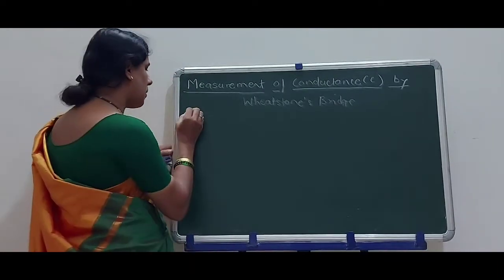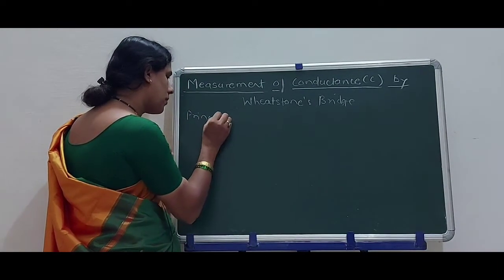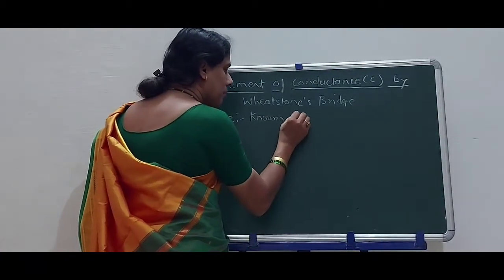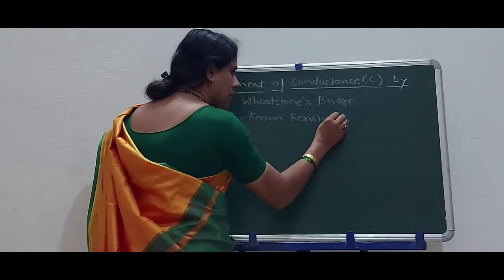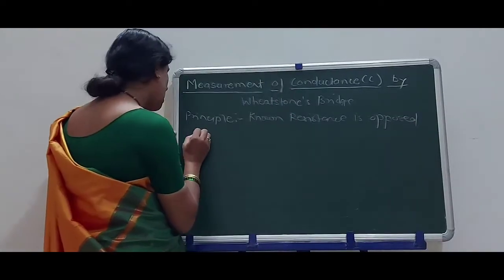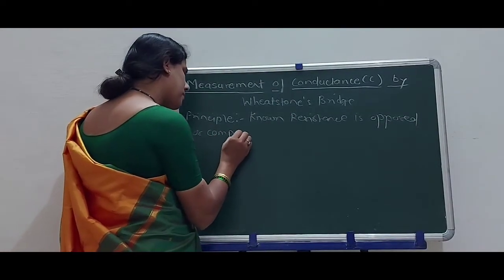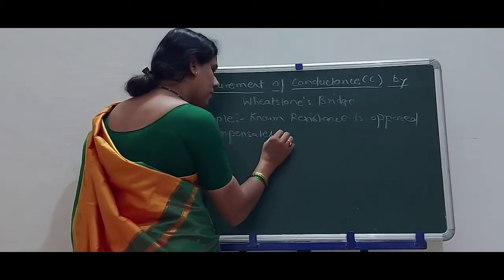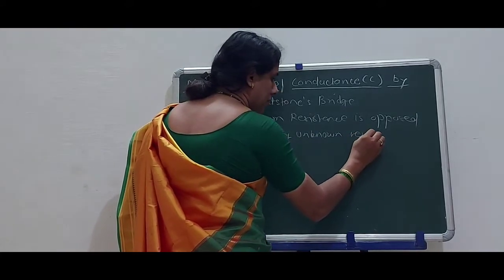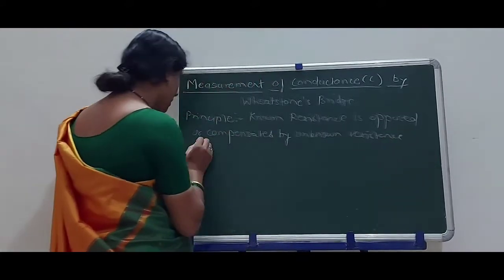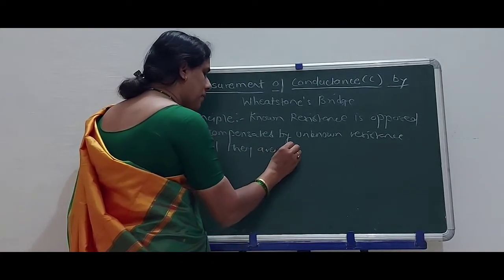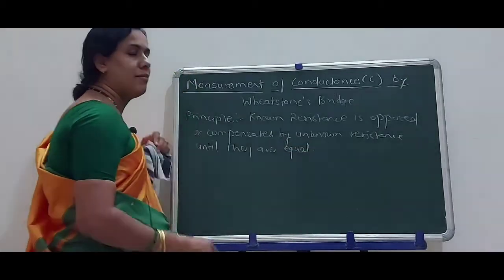Principle: a known resistance is opposed or compensated by an unknown resistance until they are equal.